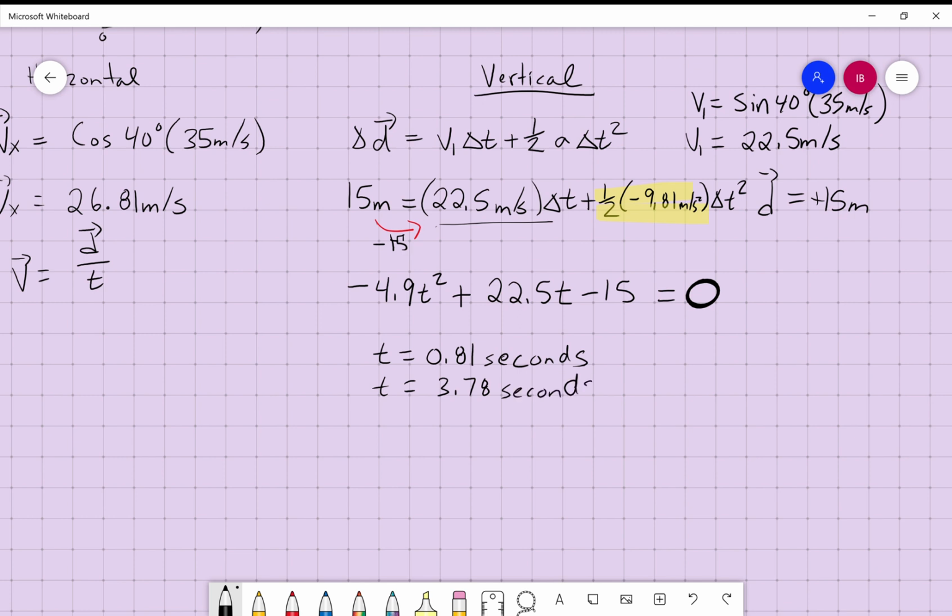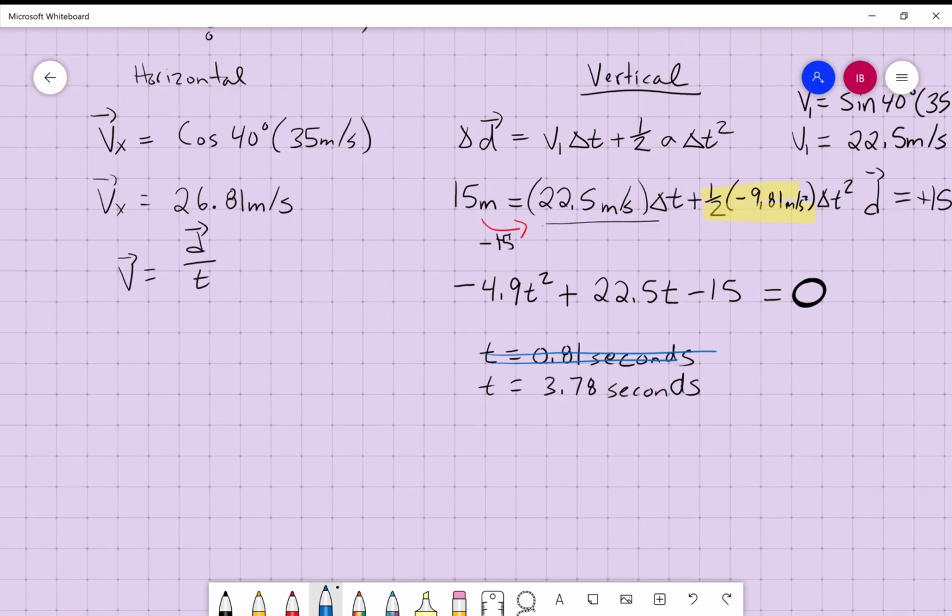We're going to drop the first one, because it's not logical to hit a golf ball at 0.8 of a second and have it travel. We don't hit at warp speed. So we're going to use 3.78.